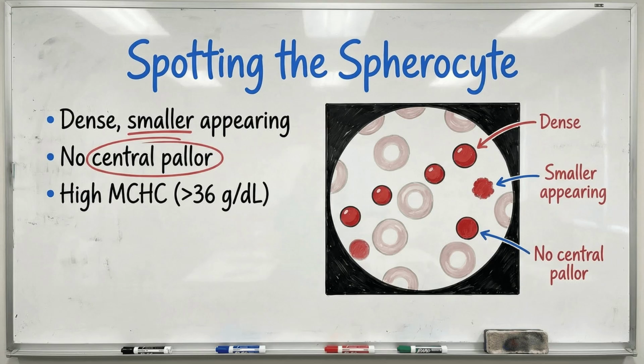The basketball is uniformly dense. This density isn't just visual, it's reflected in the mean corpuscular hemoglobin concentration, or MCHC, which is often elevated, sometimes even above 36 grams per deciliter, making it one of the few conditions where you'll see that. But why is this spherical shape such a problem for the red blood cell?